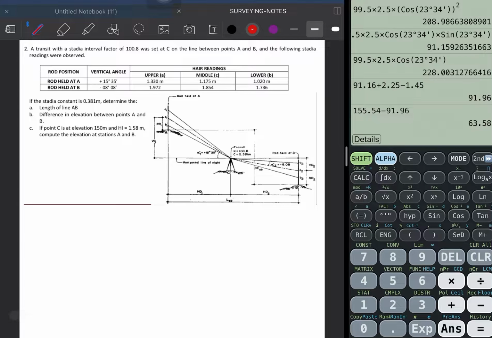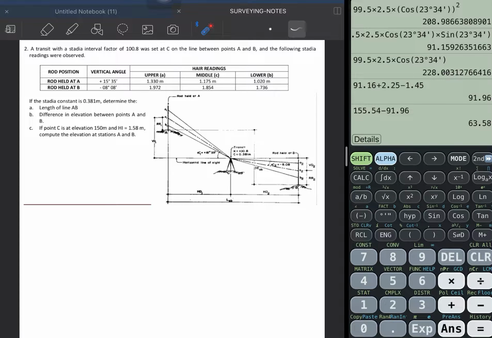Okay, so let's have sample problem 2. For the problem, you have a transit with a Stadia interval factor of 100.8 was set on point C on the line between points A and B. So the following Stadia readings were observed. You have the rod held at A, this is point A, and you have the readings, and then rod held at B, you have the readings.